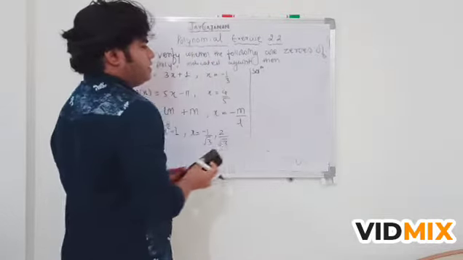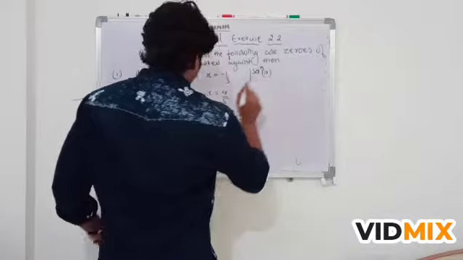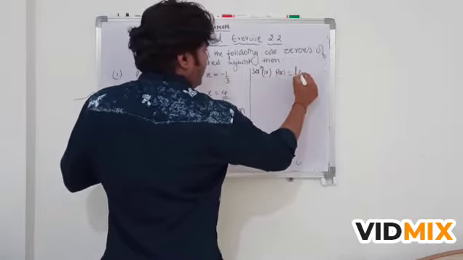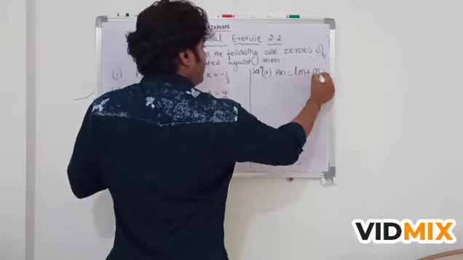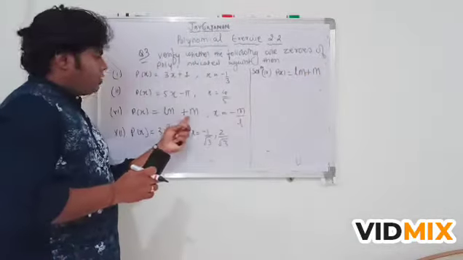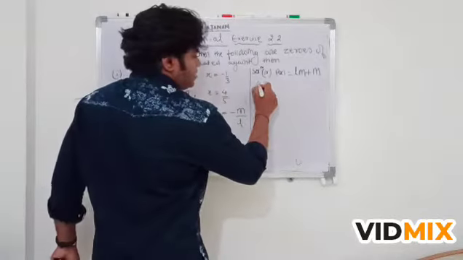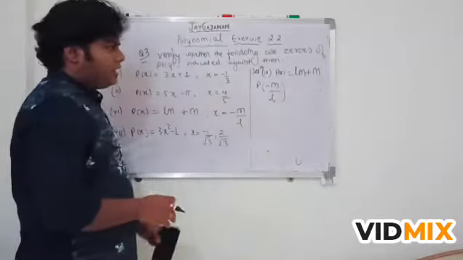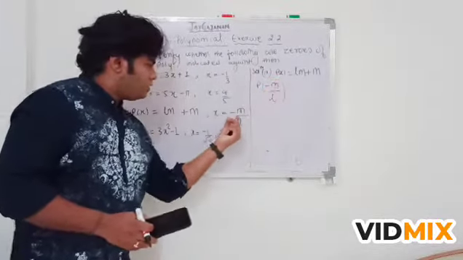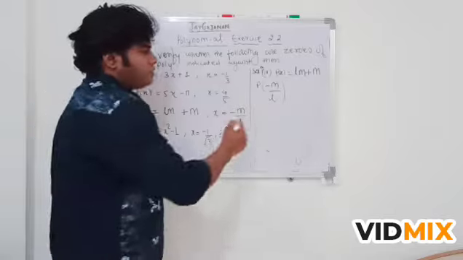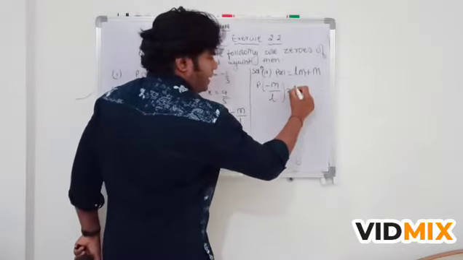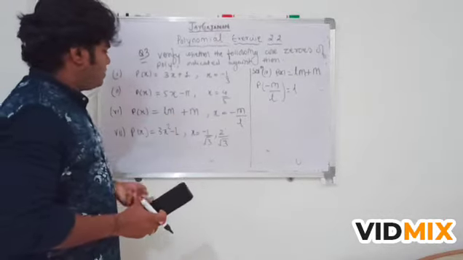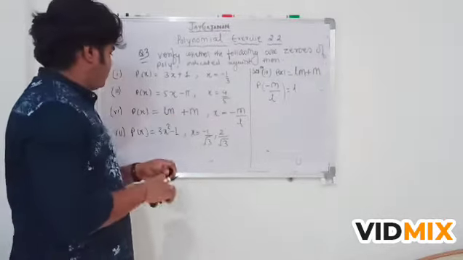Third solution. Here I will write the question, that is p of x is equal to lx plus m, and the value of x which is given as minus m upon l. See that here instead of x I have used minus m upon l. Now, I guess I have written the wrong question.